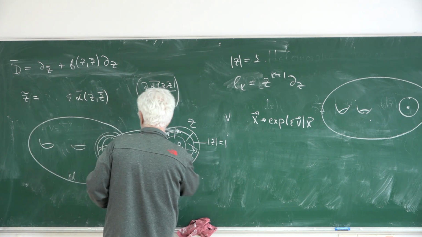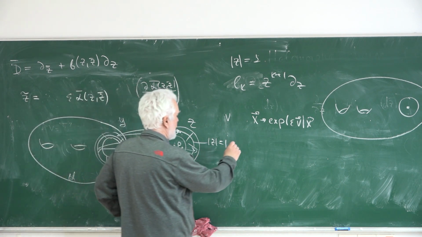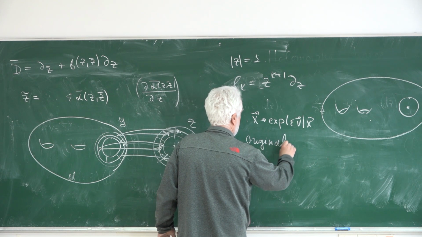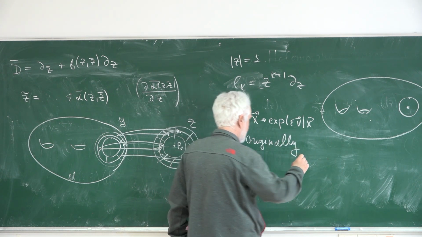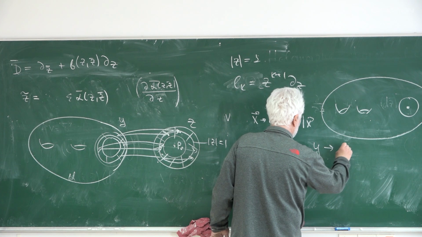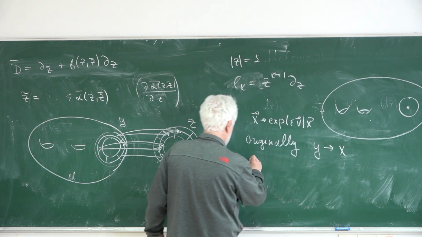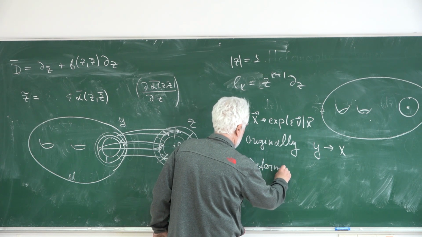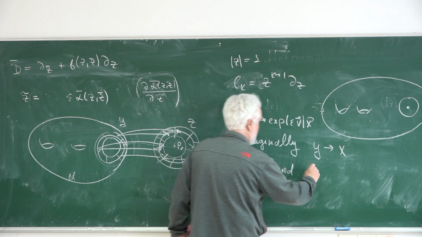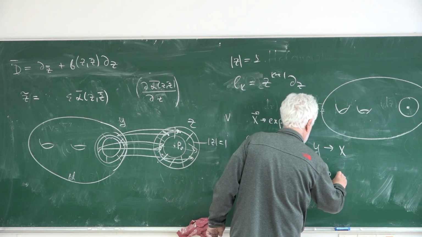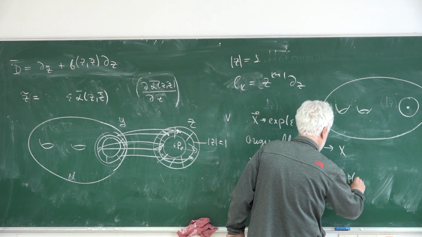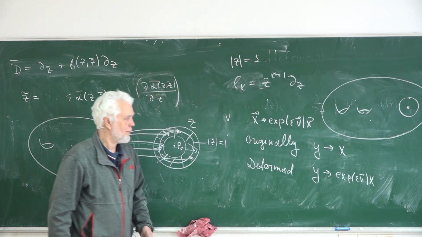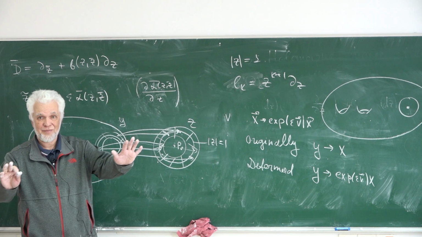If originally y was attached to x, then after deformation y is glued to the exponent, a different point. Understand?